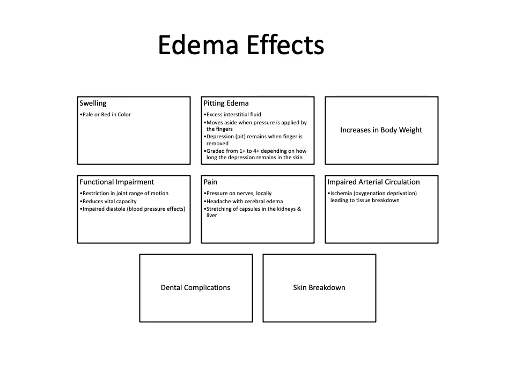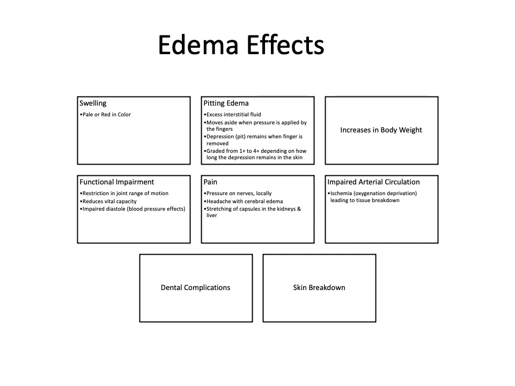Most times, if a pit or the depression remains, that means that the edema is pitting. And what that means is that this excess interstitial fluid is moved aside when we press on that area of the patient. We do normally grade pitting edema from 1 plus to 4 plus, depending on how long the depression remains. 1 plus is that it goes away fairly quickly, whereas 4 plus means that that depression or that pit stays on the skin for a while.